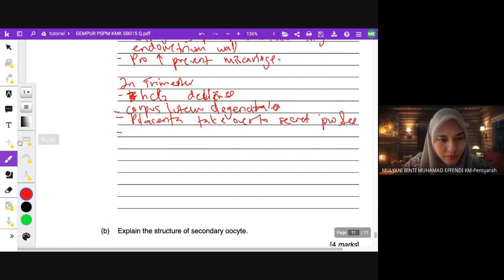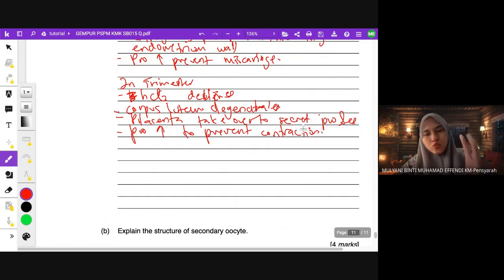Lepas tu progesterone high to prevent contraction, sebab dalam trimester contraction. Dalam trimester yang kedua tak perlulah ada contraction lagi. Okay, sebab tu progesterone akan tinggi pada trimester kedua sahaja.